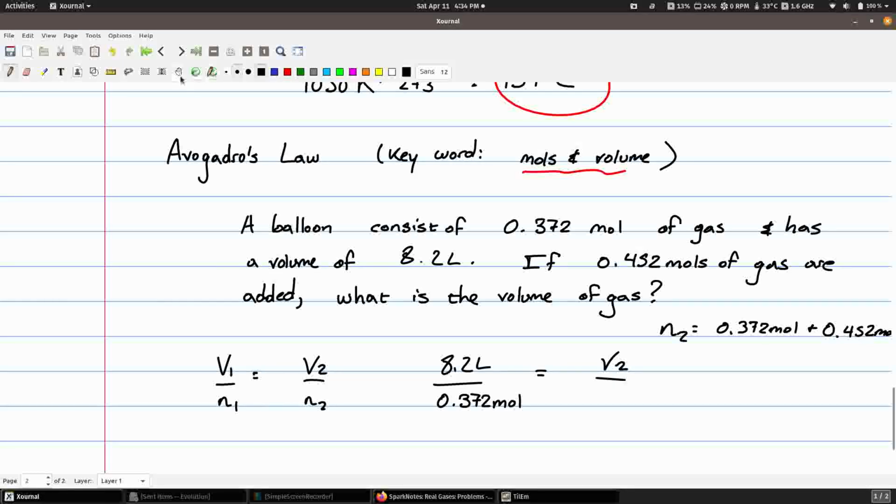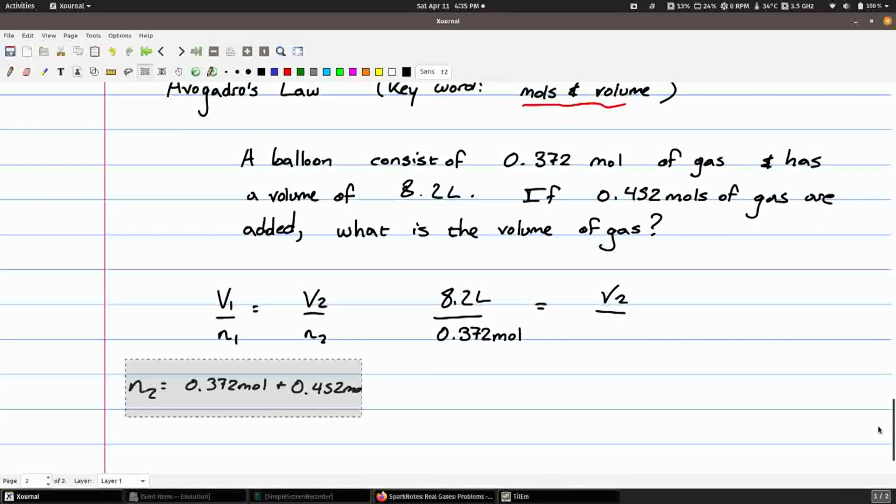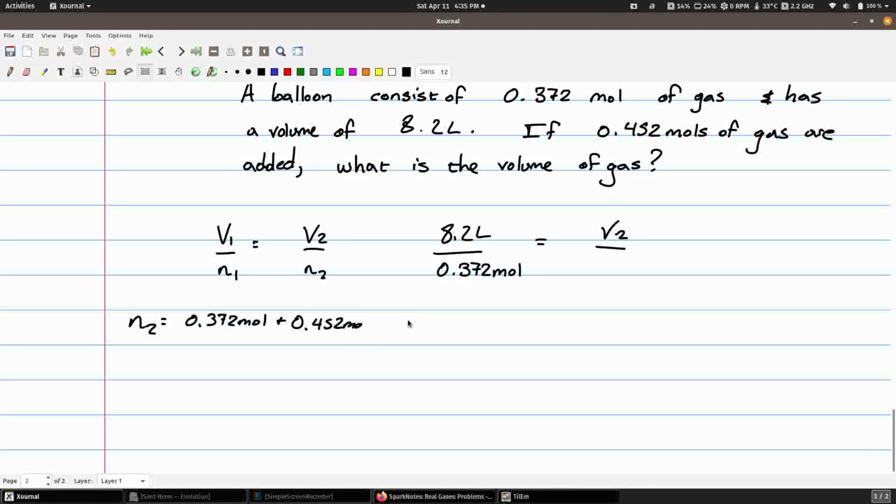I ran out of room. Let me move this over here. Okay, so that's 0.842 or 0.824?